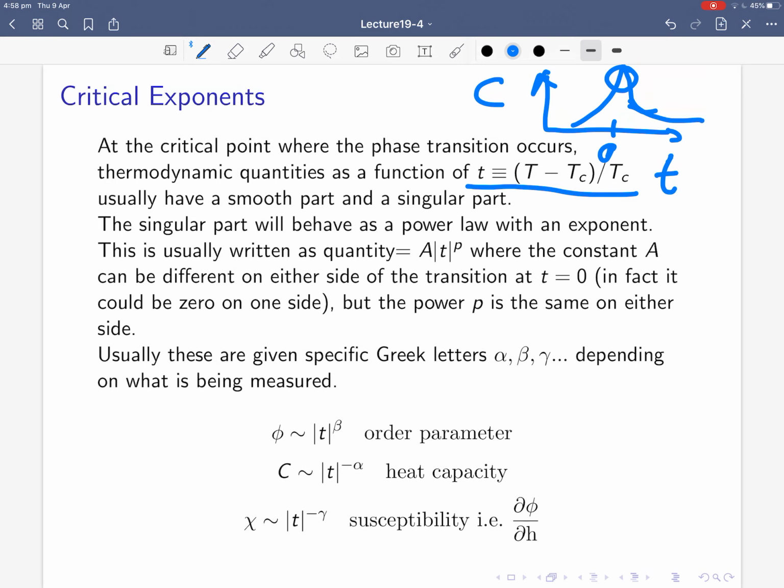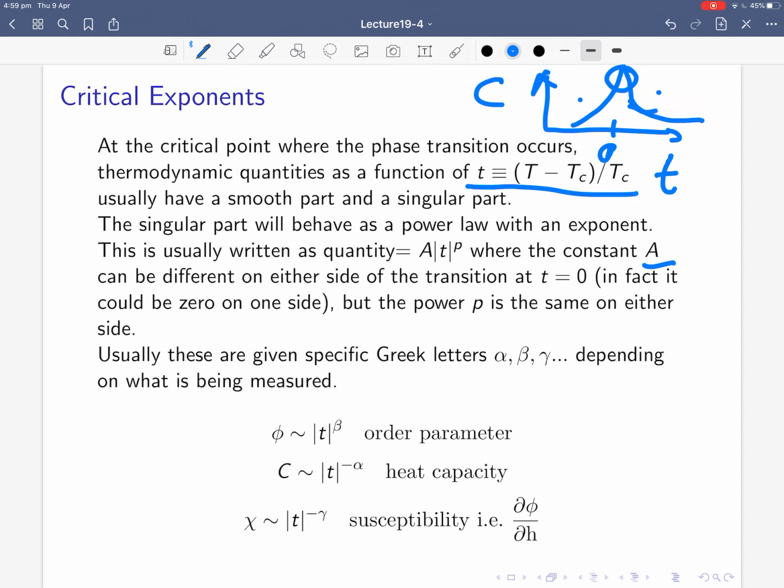So the singular part always behaves as a power law with some exponent. So we'd normally write this as some constant A times the difference between the temperature and the critical temperature, divided by the critical temperature, to the power P. Okay, so we'd write it like that.